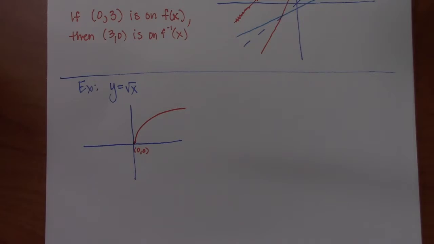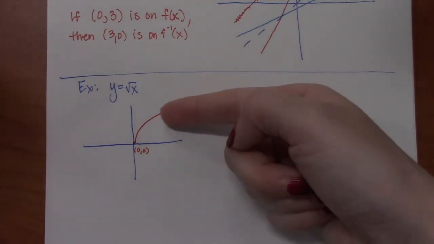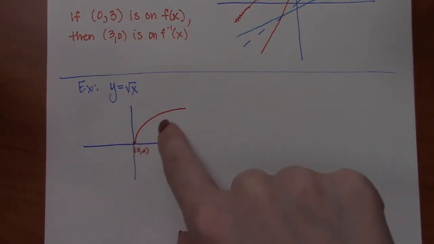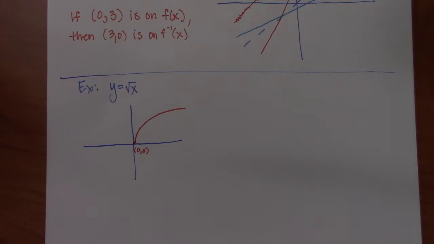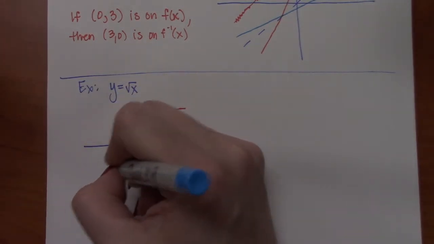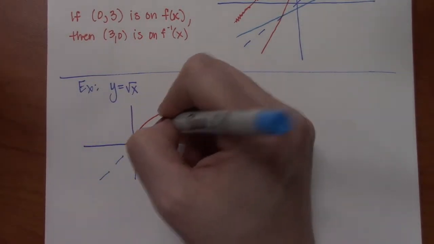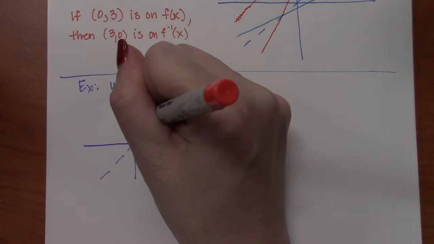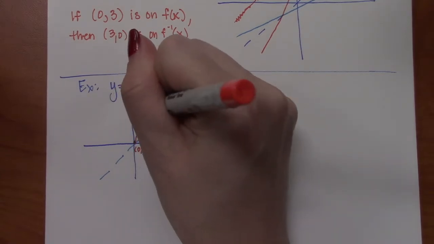So its inverse is not going to be just flipped over the x-axis. Its inverse gets flipped over the line y equals x. So the line y equals x looks like this, right? And one of the points on this graph is (1, 1), right?